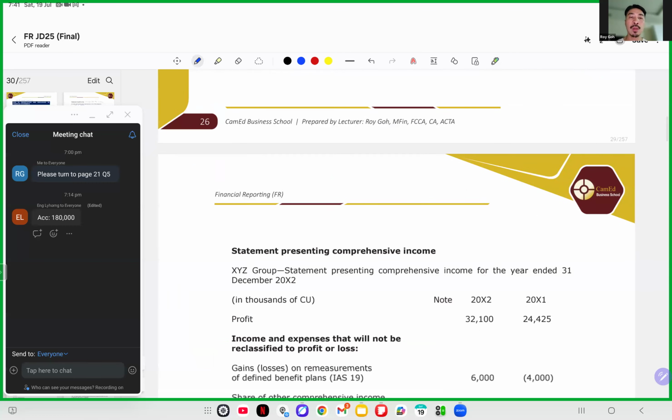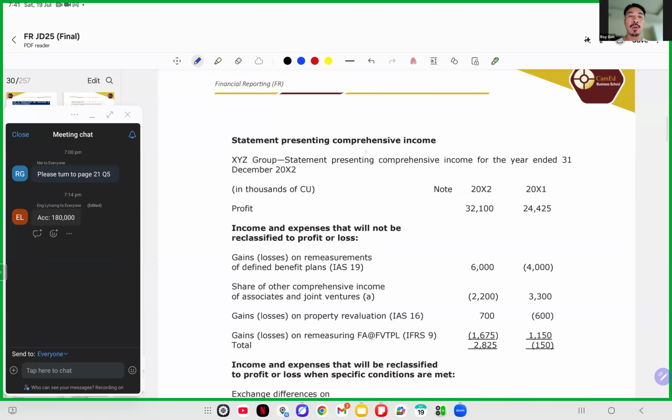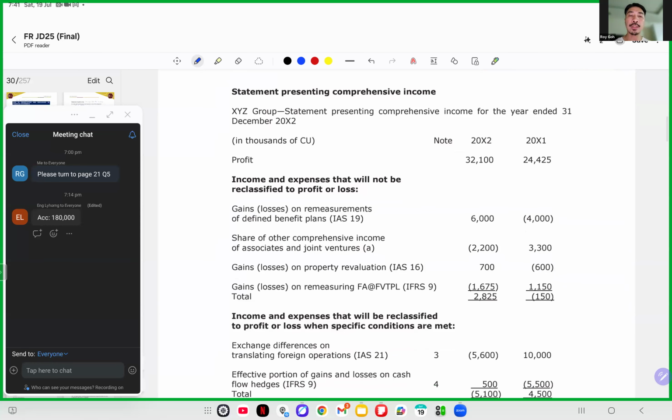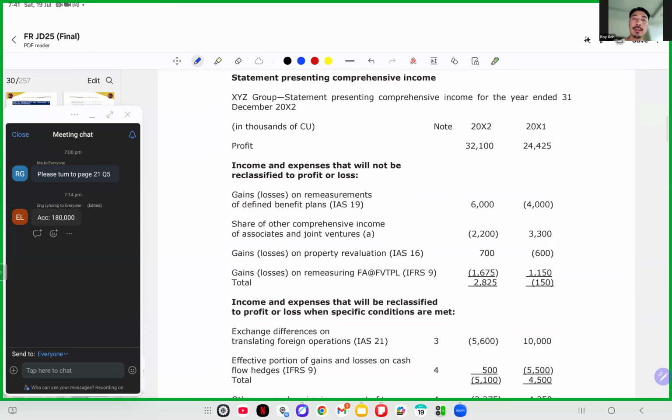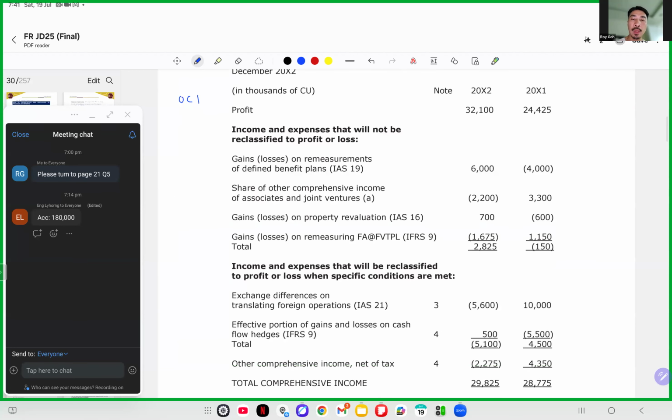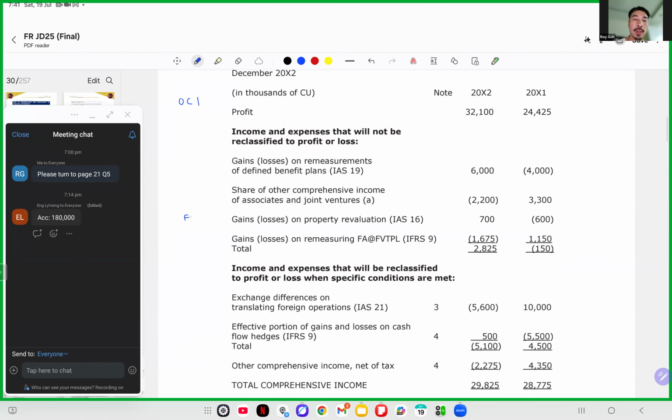Some more. Your OCI. So this is your other comprehensive income. In your FR syllabus, you only learn revaluation.